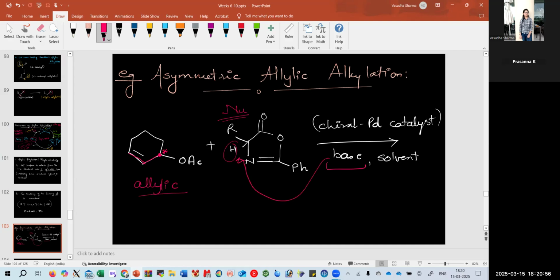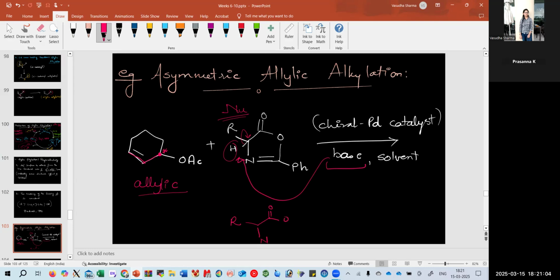Once the proton is gone, it would generate a negative charge onto this substrate, followed by formation of this moiety. When this negative charge is there, that is acting as your nucleophile.